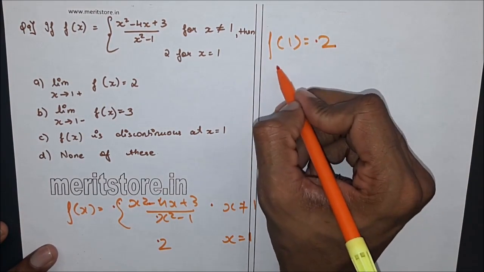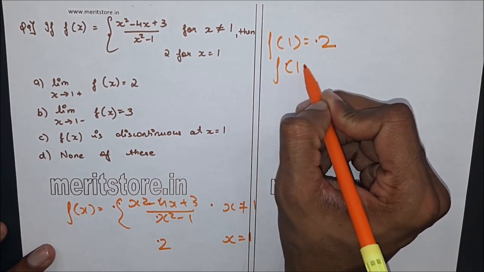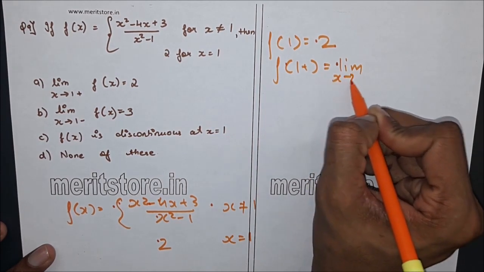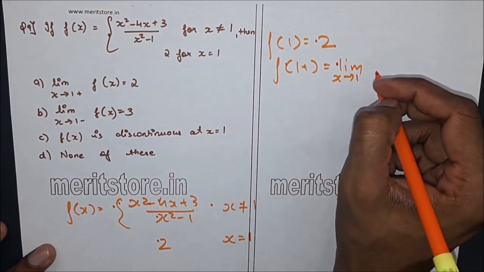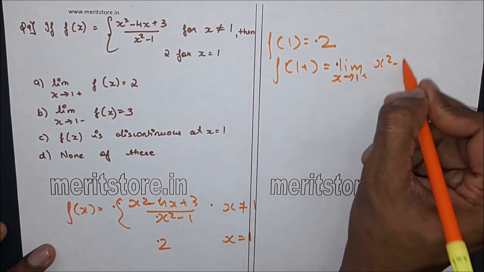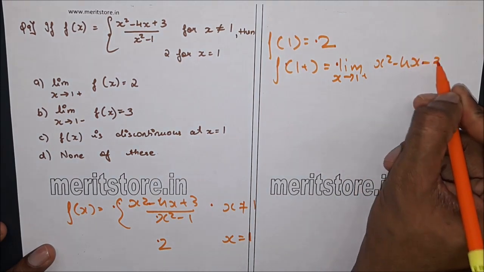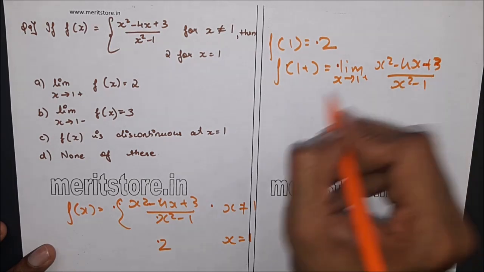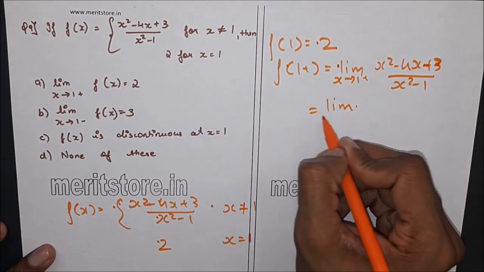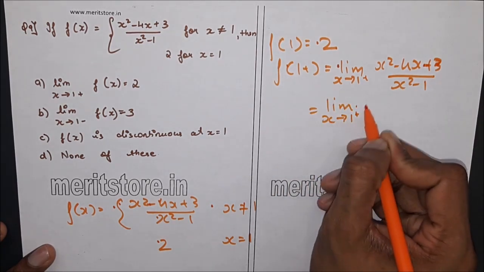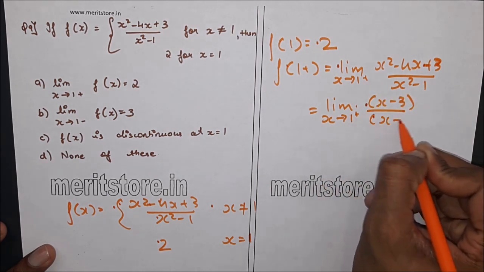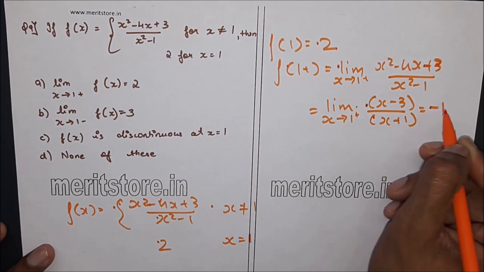For f of 1 from the right hand side, that is limit x approaches 1 from the right hand side, we get x square minus 4x plus 3 by x square minus 1, which is limit x approaches 1 from the right hand side of x minus 3 upon x plus 1, which we get as minus 1.